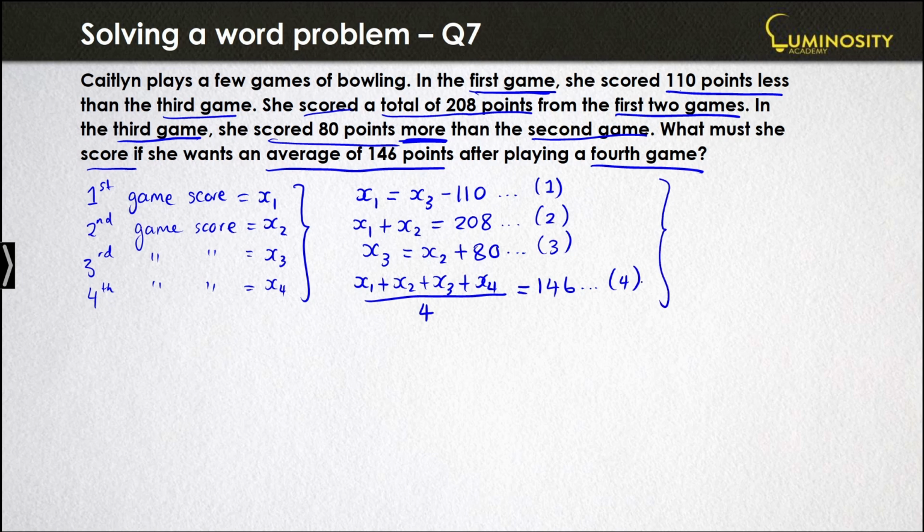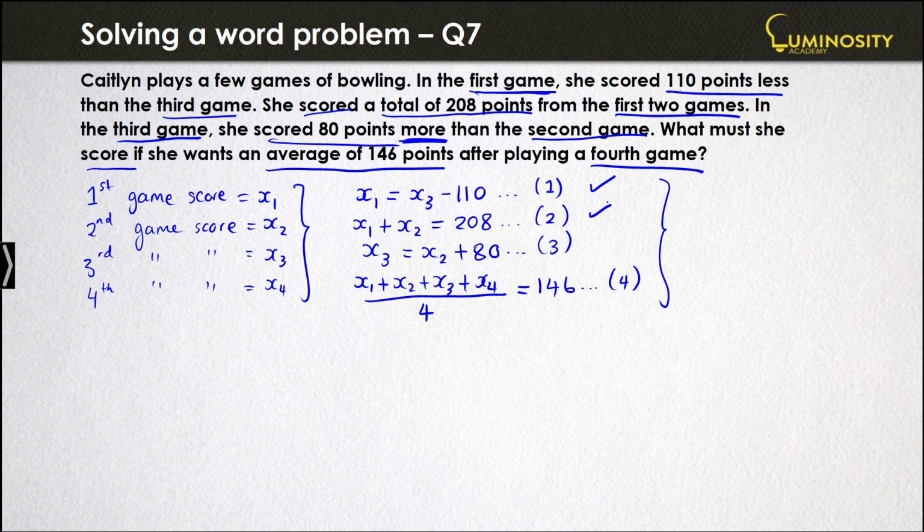Now from the system, we can see that x3 gets referenced the most relative to the other variables. So let's try and rewrite the other variables in terms of x3. Equation 1 does this nicely for us because it tells us what x1 is with respect to the variable x3. It's x3 minus 110. Equation 2, that's also fine for now.